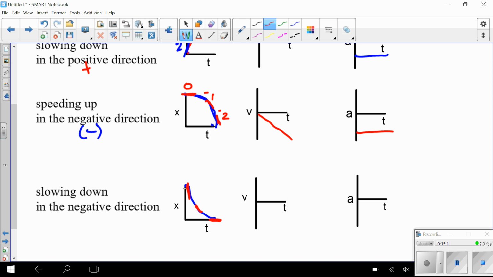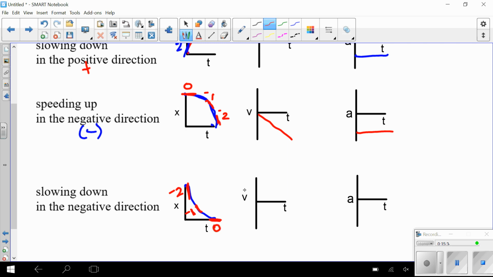If we look at how our slope is changing, at the end we have a slope of essentially 0. Right here, we have a slope of maybe like 1, and it gets steeper, so it's 2, but those slopes are negative. We can't forget those negatives.